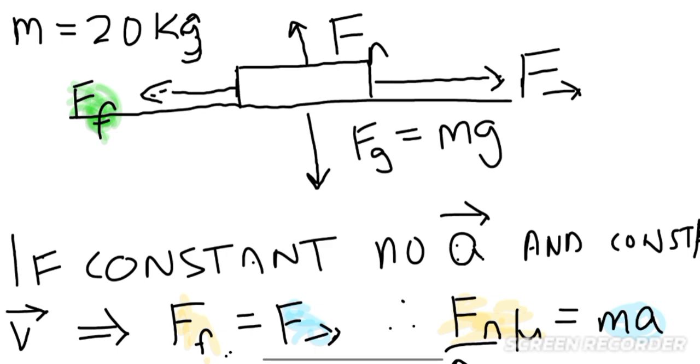So the frictional force is opposing whatever force is pulling an object forward. So this is pulling it forward. And this might be common sense, but if this overcomes this, then it will move forward. But let's say that the frictional force is higher.